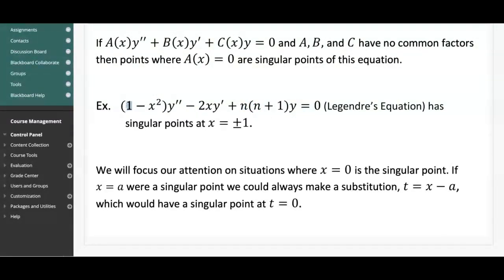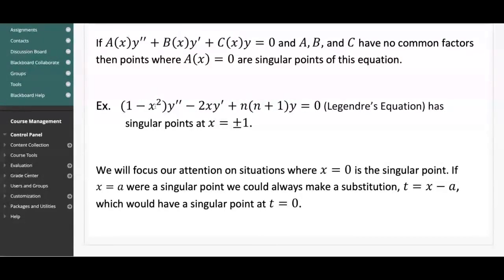Then we want to change it to the form y double prime plus p of x y prime plus q of x y equals 0. So p equals this b of x divided by this a of x, and this is the q part.